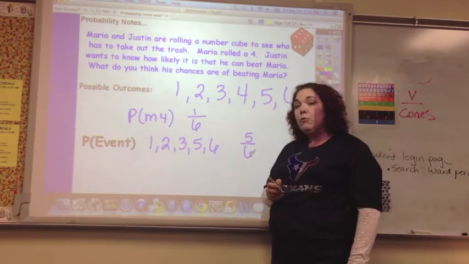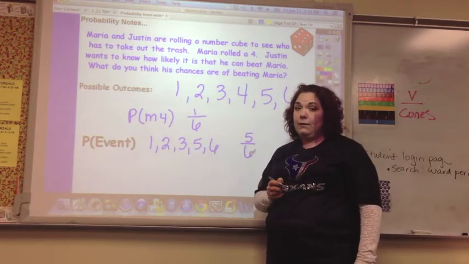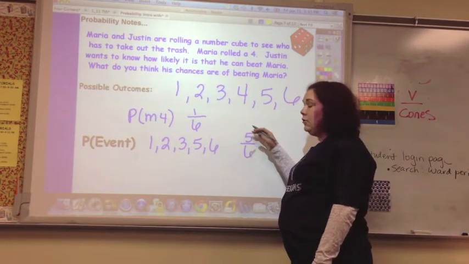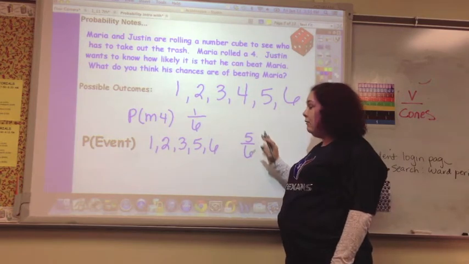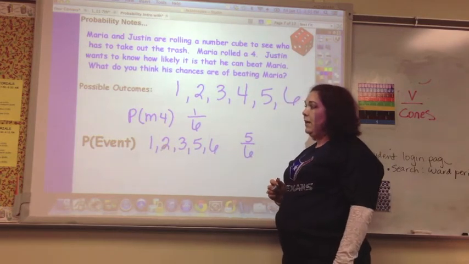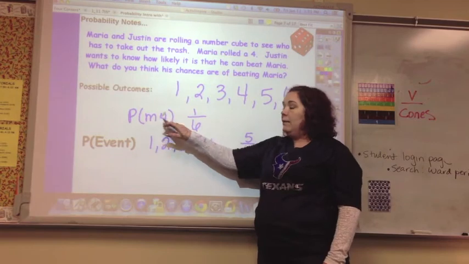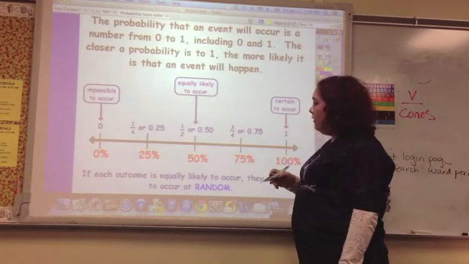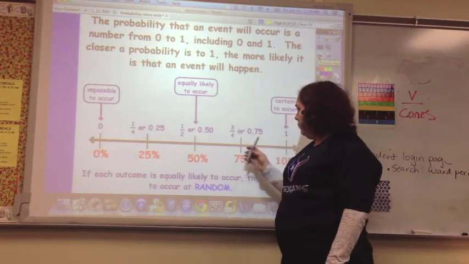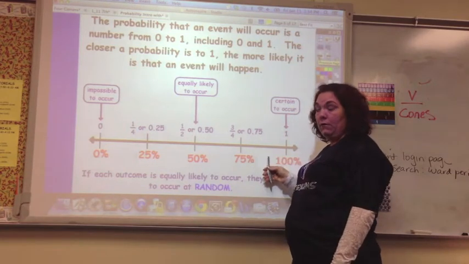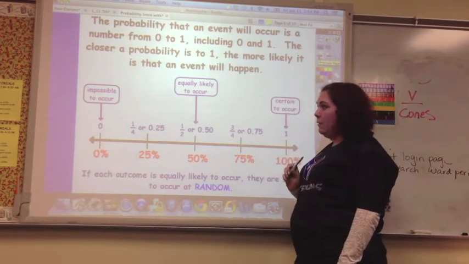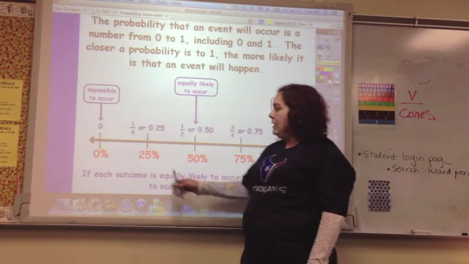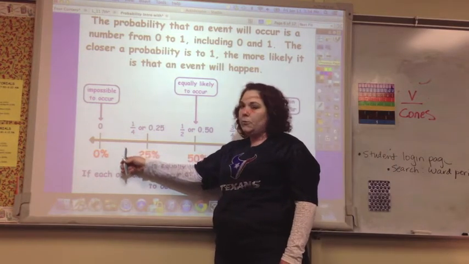So who is more likely to win? It's going to be Justin, because he can roll any of these numbers and win. Maria can only win if she rolls a 4. So on the probability scale, Justin would be about here, high percent, and Maria would be down here, low percent.